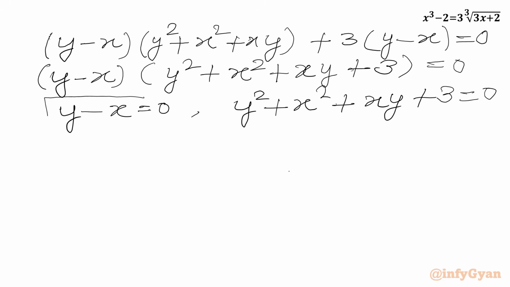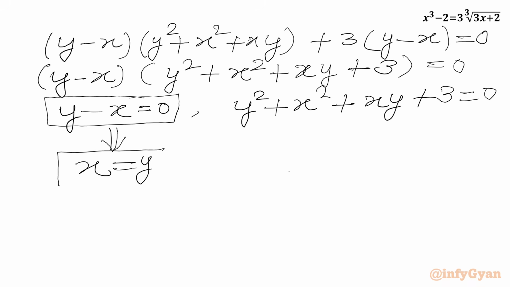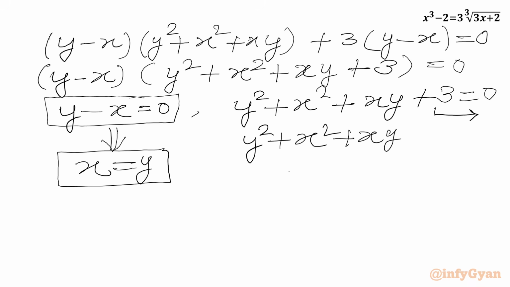Now from our first equation, we get x equal to y, or y equal to x. So we have the first result, x equal to y. Now we are going to solve the second equation. I will take plus 3 to the right hand side. So we will write y square plus x square plus xy equal to negative 3. Now we are going to multiply this equation by 4 on both sides.